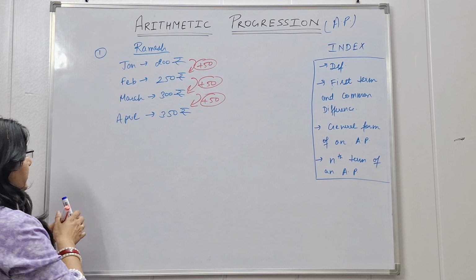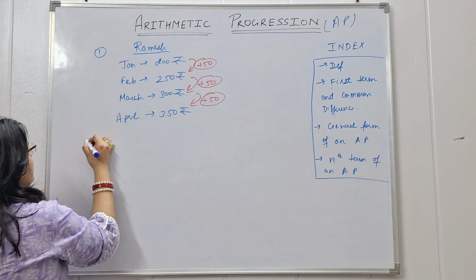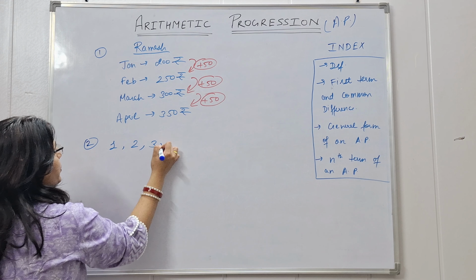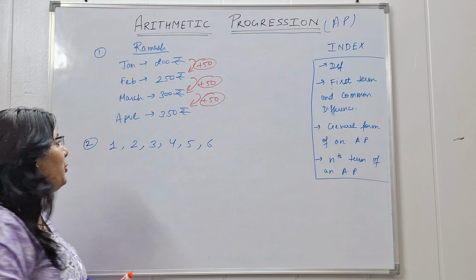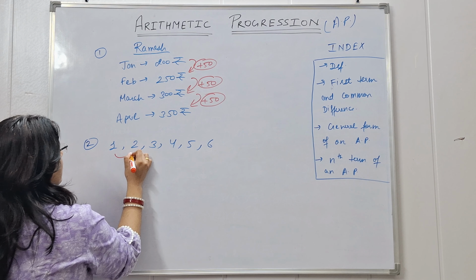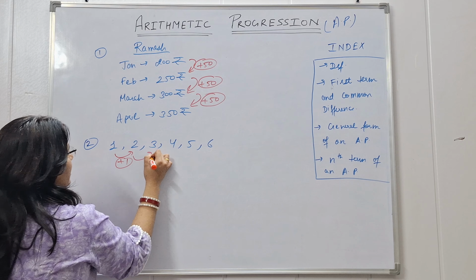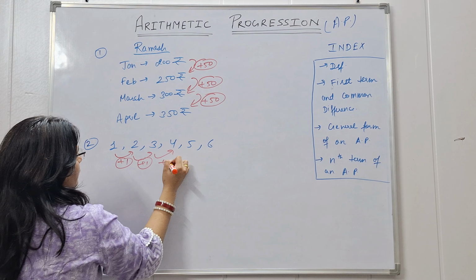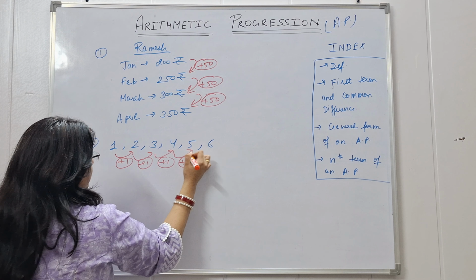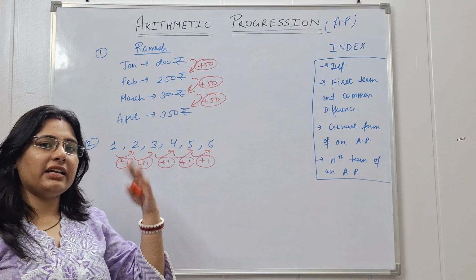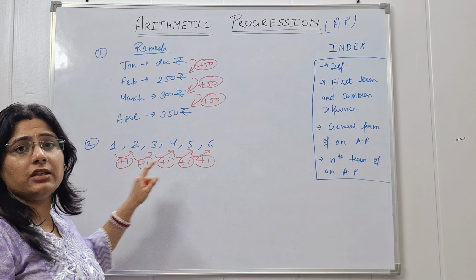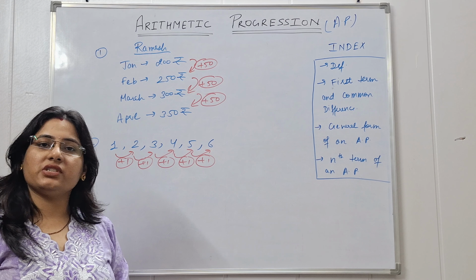Let's take another example. That is natural numbers 1, 2, 3, 4, 5, 6. This is also an AP. How? Plus 1. 1 plus 1, 2. 2 plus 1, 3. 3 plus 1, 4. 4 plus 1, 5. 5 plus 1, 6. So, we obtained the next term by adding a fixed number, that is plus 1, to the preceding number.